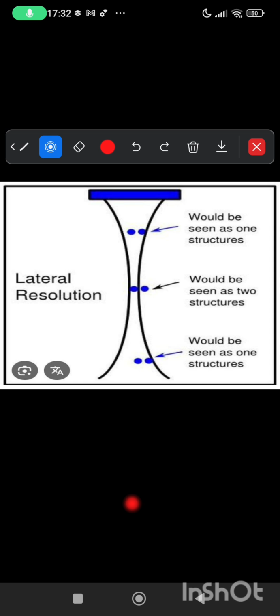But the focal zone is the best because the structures will be seen separated side by side as two whole structures. What is the reason why in the near field and far field we can't differentiate them as two structures? Because the beam width is large in the near field and far field, while in the focal zone it is narrow.